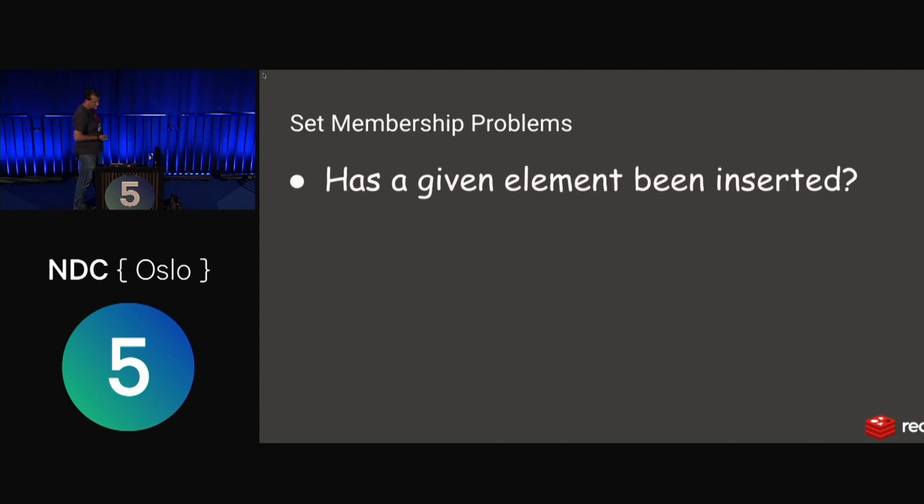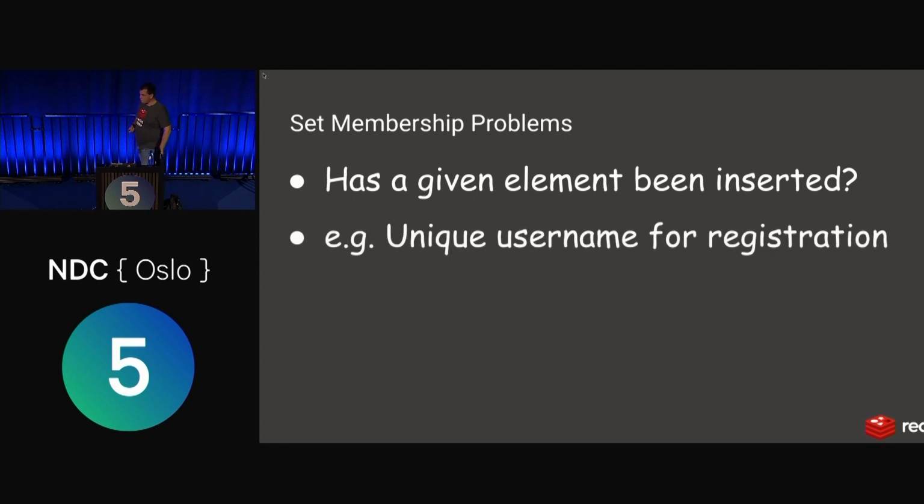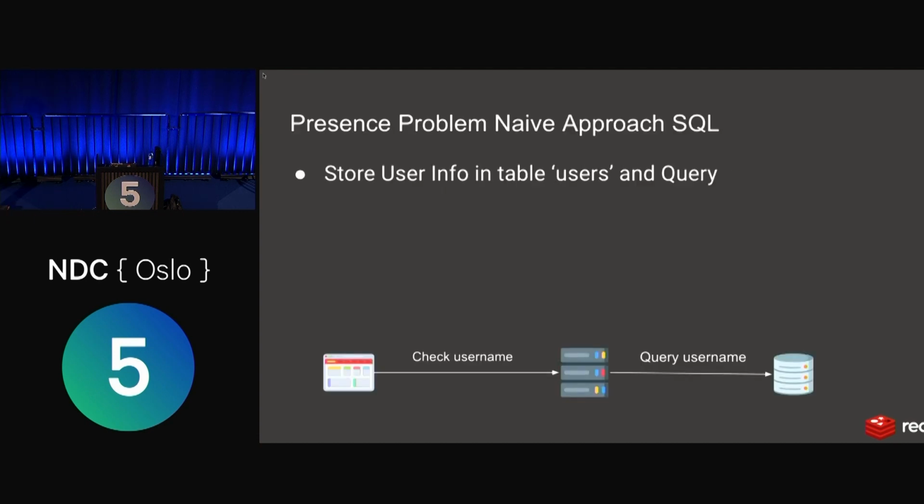So the question that we are asking here, the very specific question is, has a member been inserted into the set yet? So has a given element been inserted yet? So for example, this is a very common question that we ask, has a username been registered yet with our service?